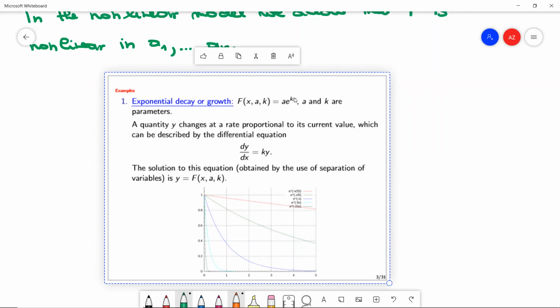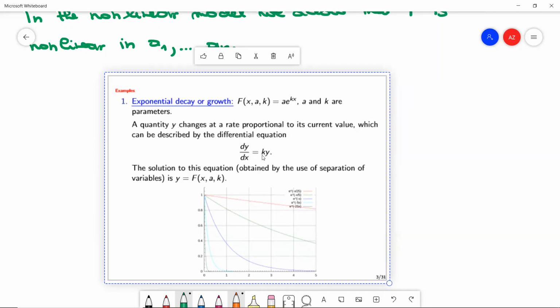And why is such a model important? This model is important because it is the solution of this differential equation. We have some quantity y, which is dependent on some variable x. And the rate of change of this quantity, dy over dx, is proportional to the current size of value y.